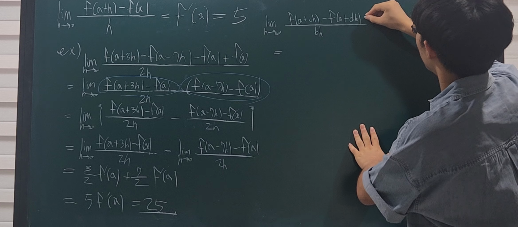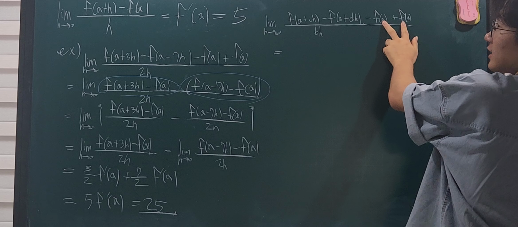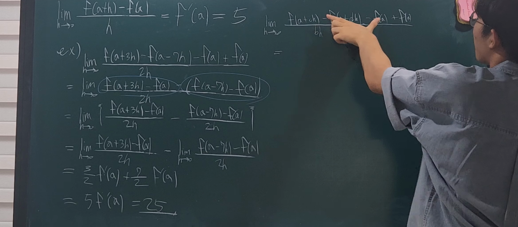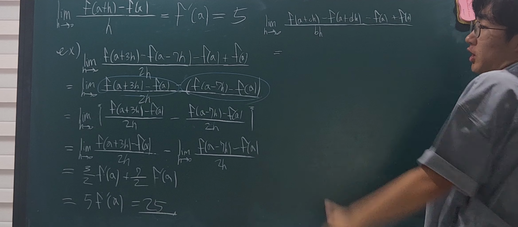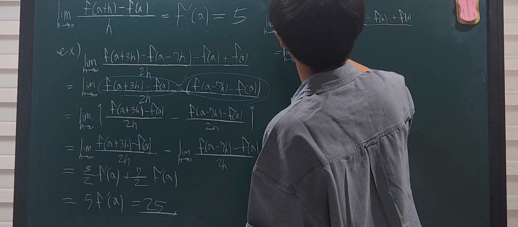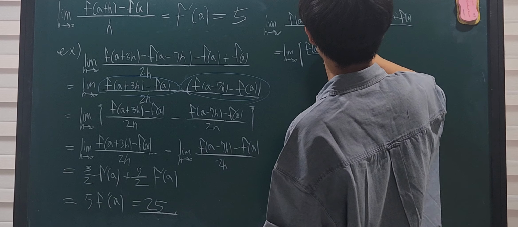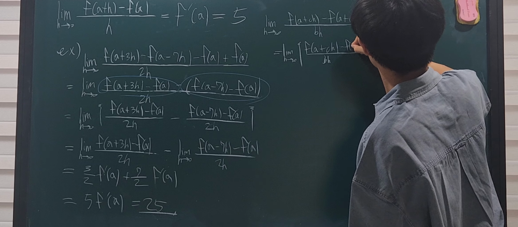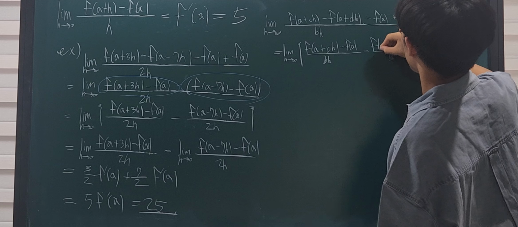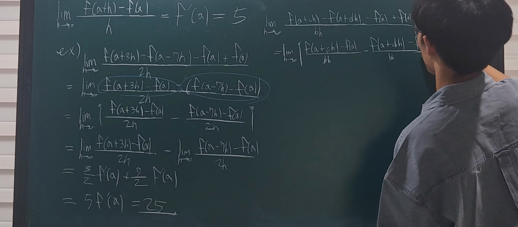we can also add negative f a plus f a to artificially cancel these out so that there's no external change to the entire equation. However, we can tailor it into a form of the first principles, right? So this will equal limit h approaches 0 of bh, f of a plus ch minus f a, and then minus, from here, bh, f of a plus dh minus f a, making them both tailored into a form of the first principle.